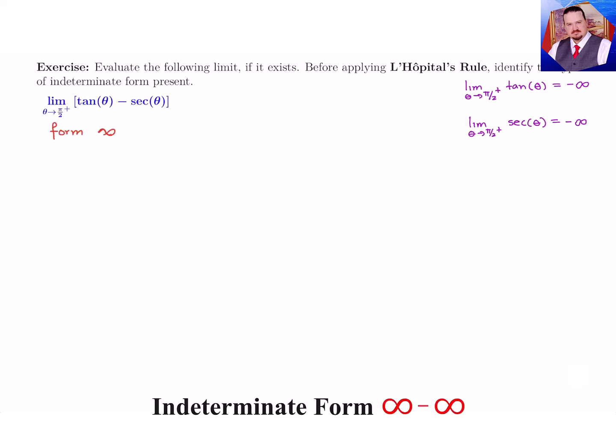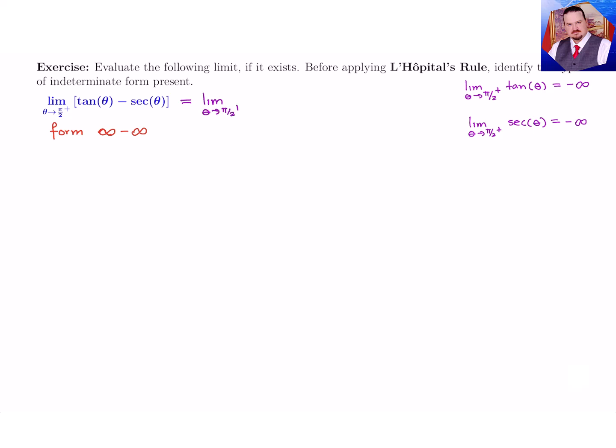And now what do we do here when we have such a form? Well, we need to convert this to some sort of fraction if we are going to try L'Hopital's rule. So let's see what we've got. What's the simplest thing that comes to mind? Well, let's write the trig functions in terms of sine and cosine.